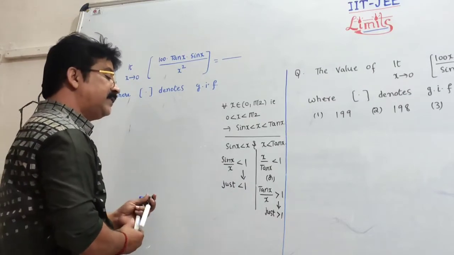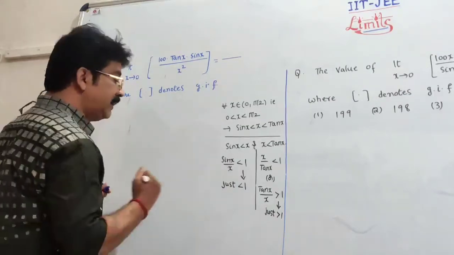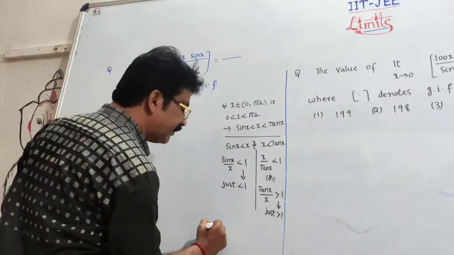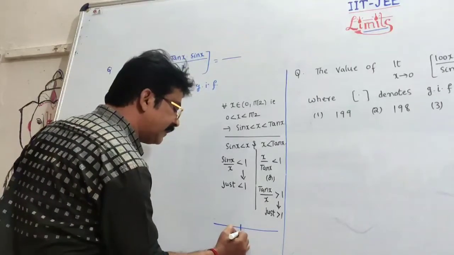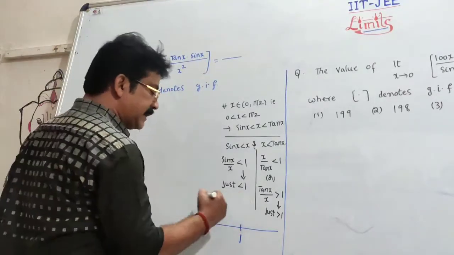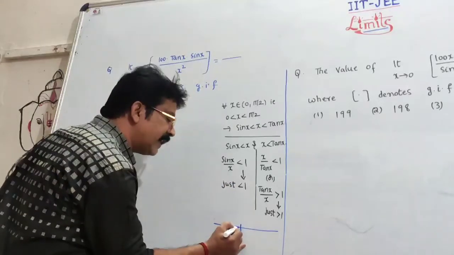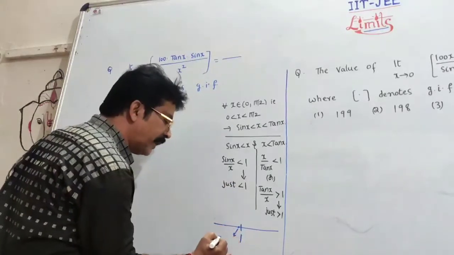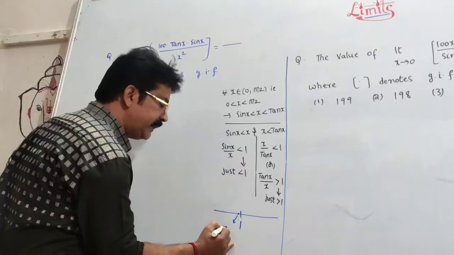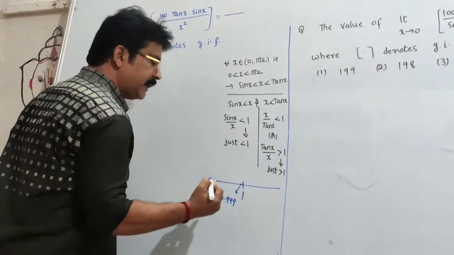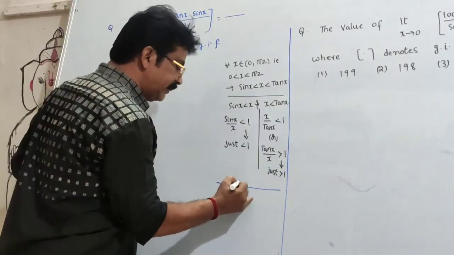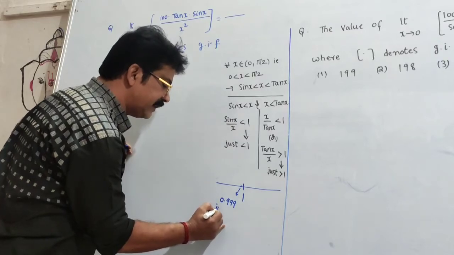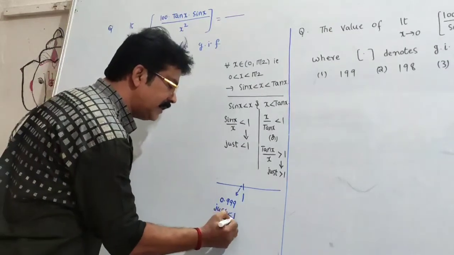Just less than 1, just greater than 1 means what? For example, this is 1. Just less than means, for example, this point is 0.999, just like that. It is just less than 1.